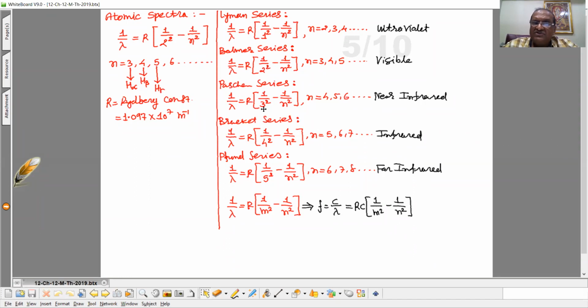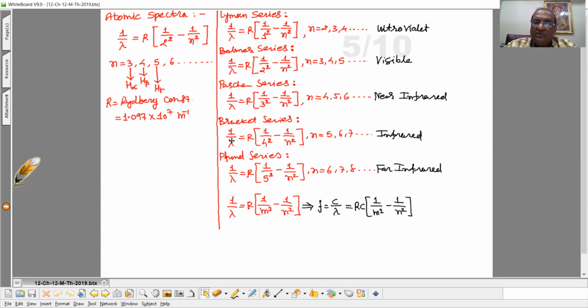The Paschen series was obtained in the near infrared region. In this equation, if we substitute n equal to 4, we will get the H alpha line of the Paschen series. Like that, the Brackett series is in the infrared region.